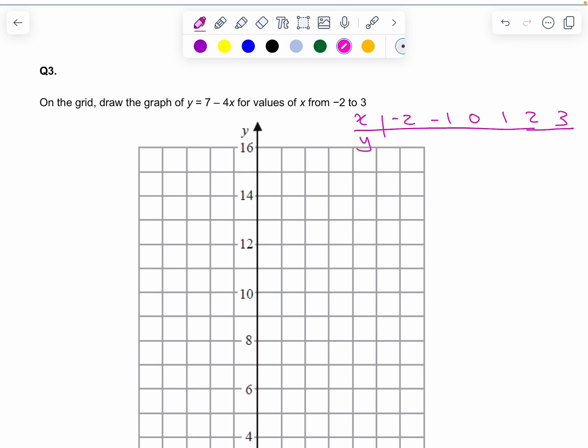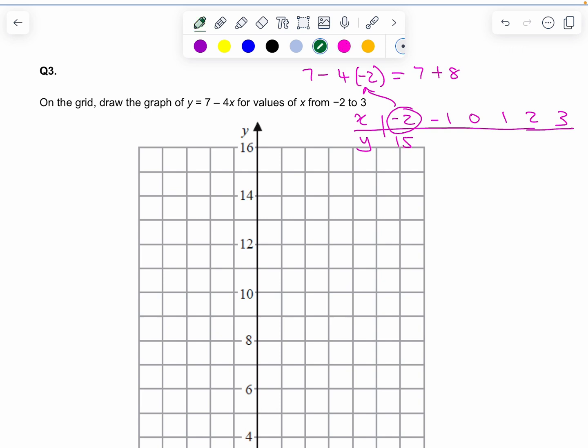And to find y, I'm simply going to do 7 take away 4 times -2 for the first one. So I'm taking this -2 and replacing it in the x value. Again, you can do this all on a calculator if you get stuck. So it becomes 7 minus 4 times -2, which is positive 8. So 7 plus 8 is 15. So that gives me 15.